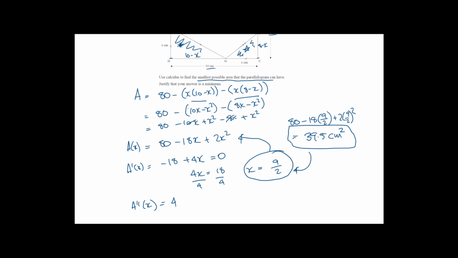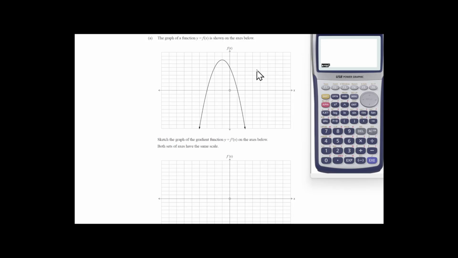Okay, so for this one, I just want to show you a nifty trick. So we've got the function f of x here, and we're told to graph the function that's the derivative of that. Okay, how would we do that? Well, we could do it sort of bluntly.